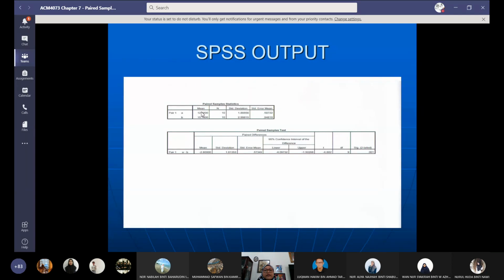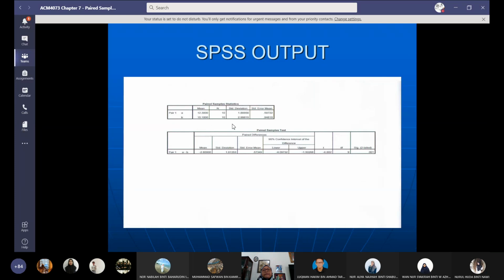Now, after that, you look at the increase. If there really is a difference, you look at the mean score. The mean score before training is 12.3, and the mean score after the training is 15.1.